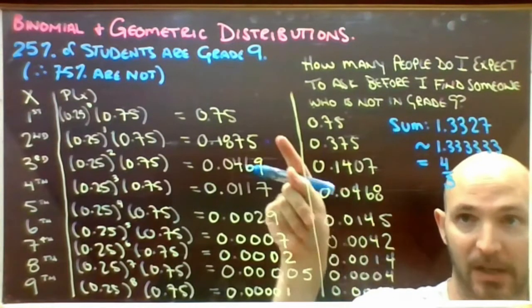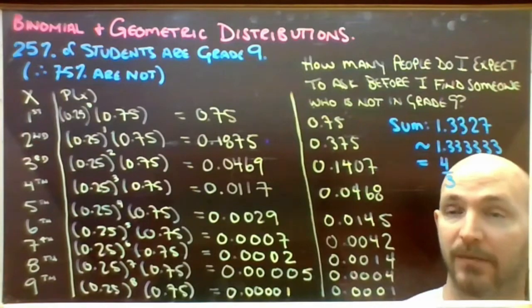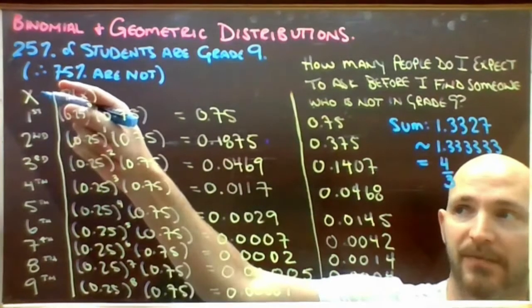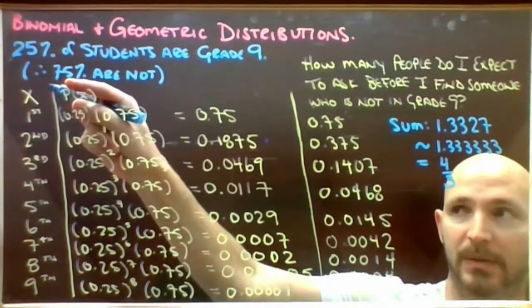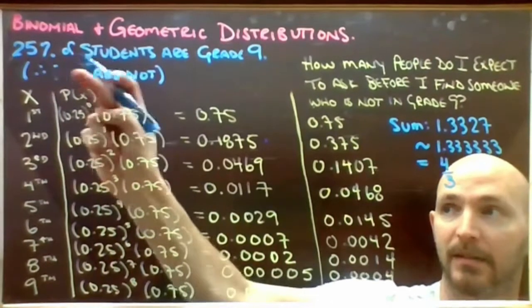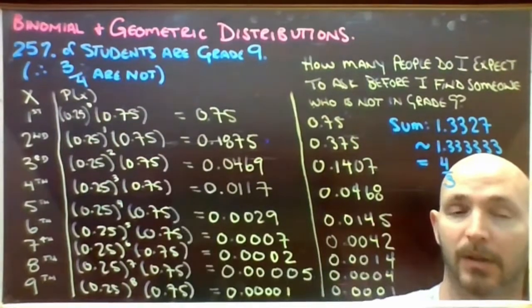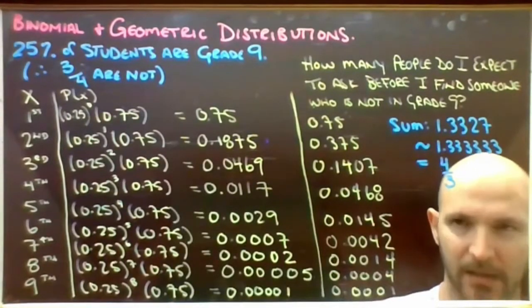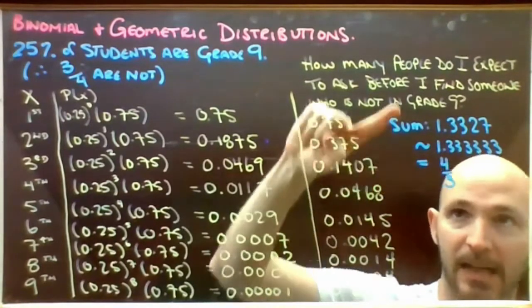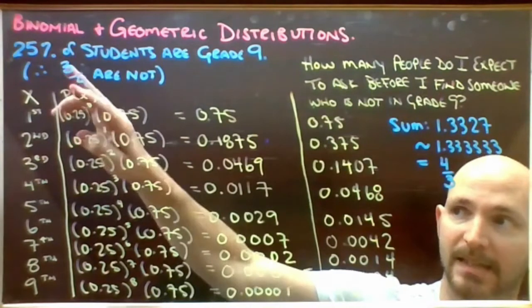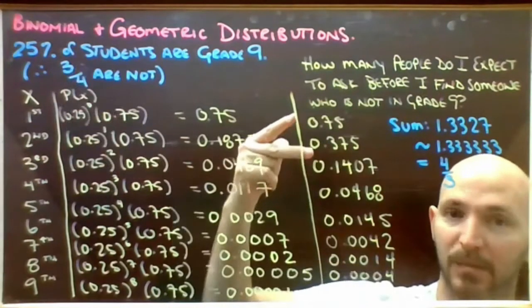Now if you take a look up here into our starting information, 75% of my people, that's 3/4, are not in grade 9. So it looks like the expectation value is this fraction, but flipped.